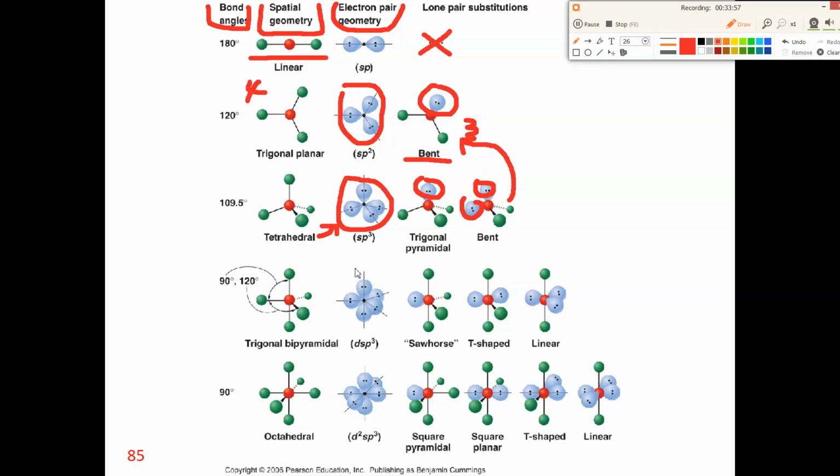Right, if you have 5 pairs, basically 10 electrons. Remember when we talked about section 3, we talked about the expanded octet. This only happens for period 3 and beyond of the periodic table, where elements have d orbitals.